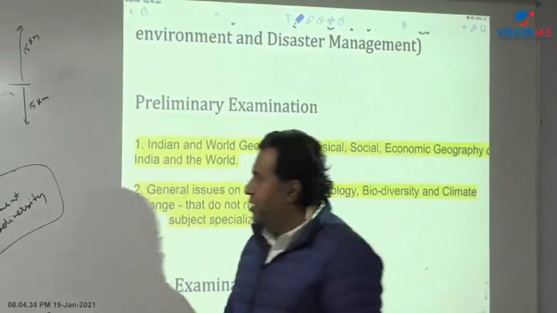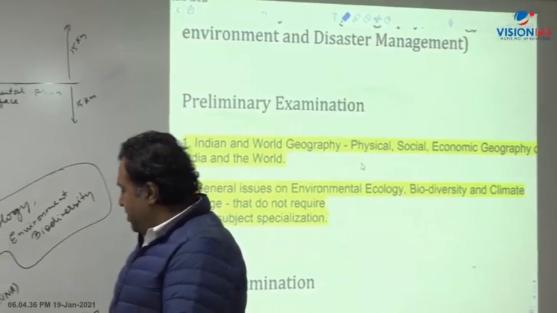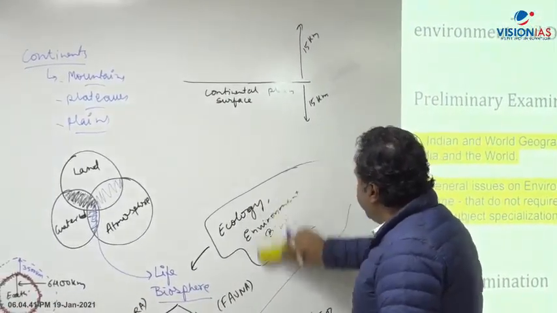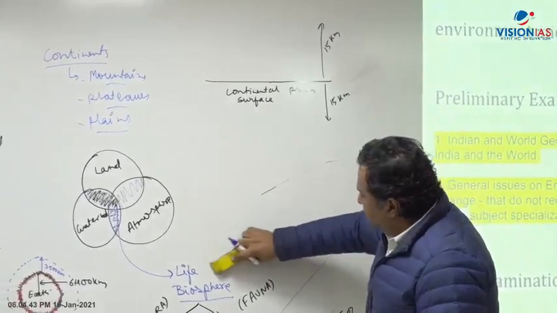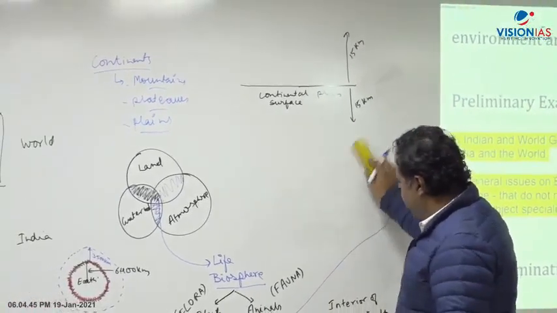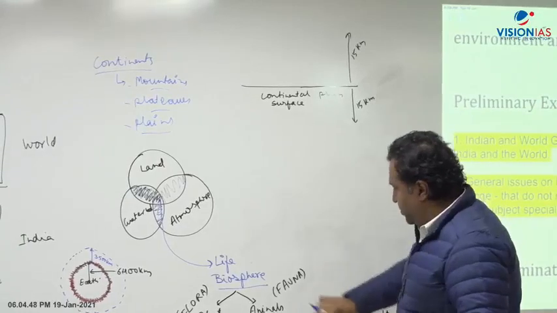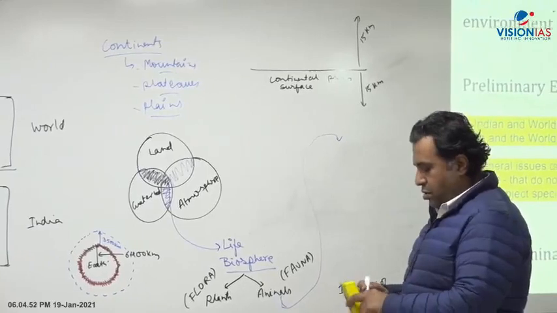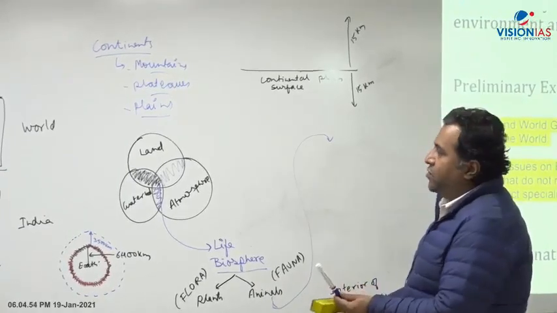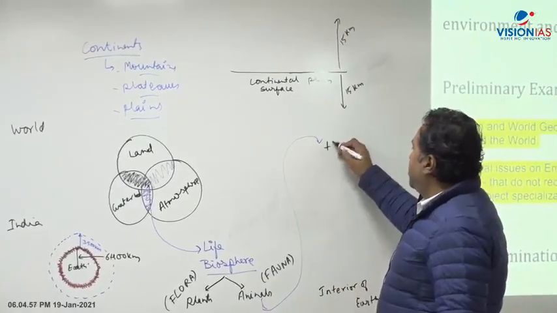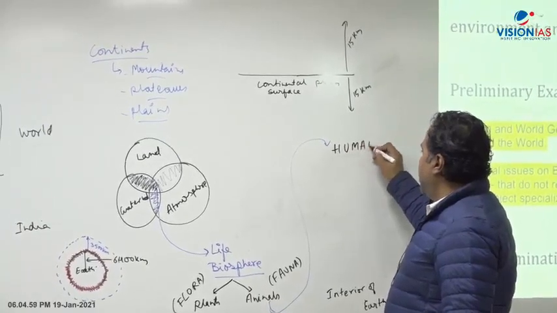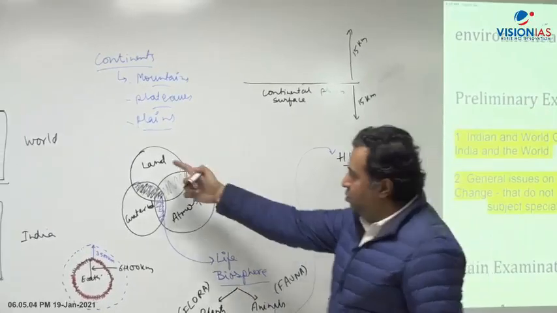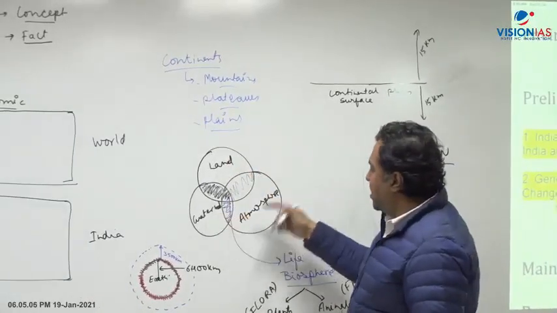This is very important. Now, when you go deeper into these animals, let me rub this part out, because I won't be covering it broadly for you. When you bifurcate this human part of the story, this is where you come to humans. And the moment you come to humans from ecology, environment, so from physical geography, you try to learn about land, water and atmosphere.